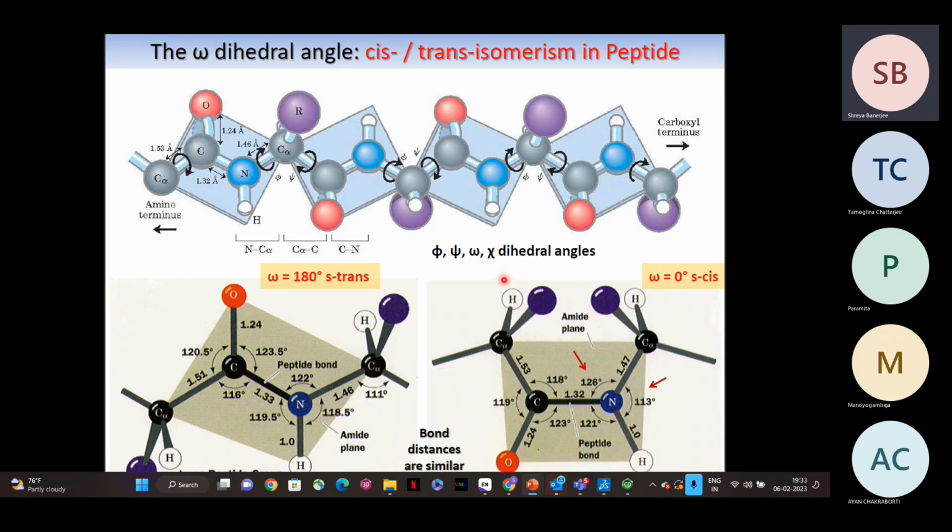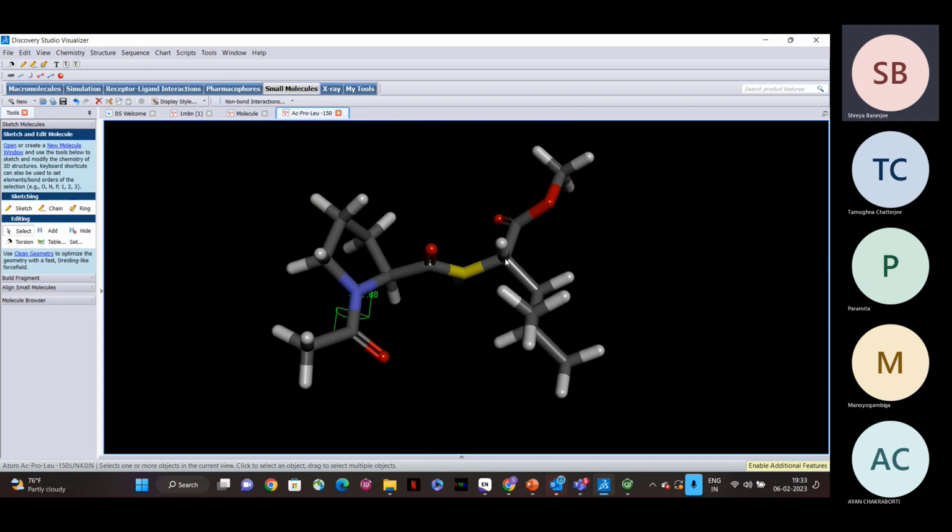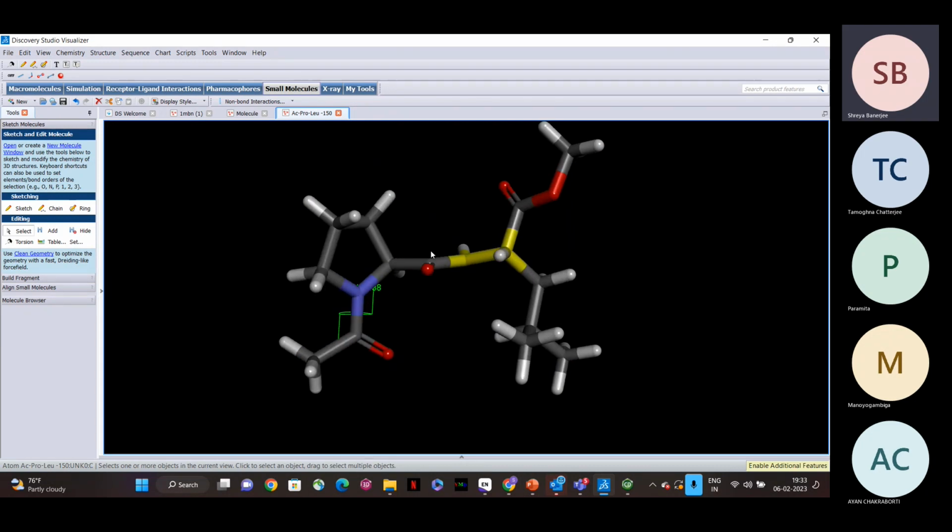Another angle is chi. Chi is, you start from nitrogen and you go to the side chain. You know this is the main chain of the protein, which goes from carbonyl, NH, alpha carbon, again carbonyl, but this is the side chain. Here it is leucine, which has a CH2, CH, then 2 CH3 groups.